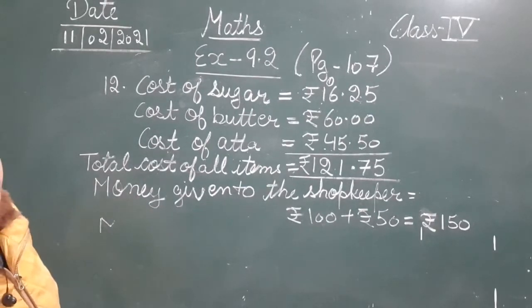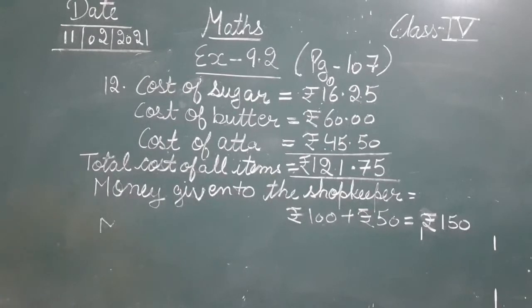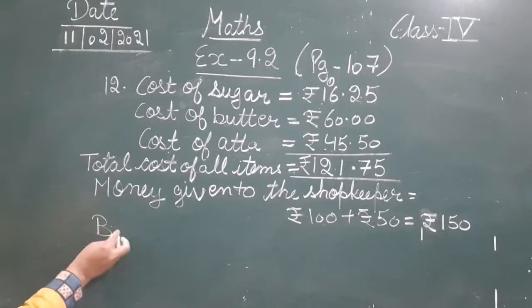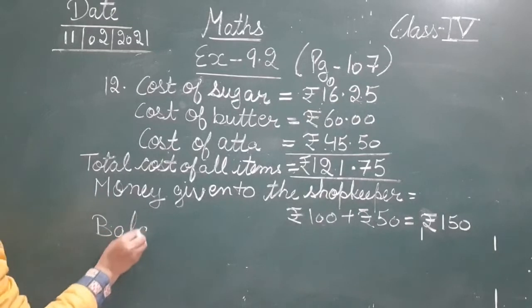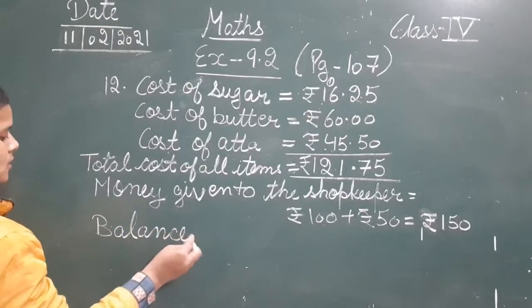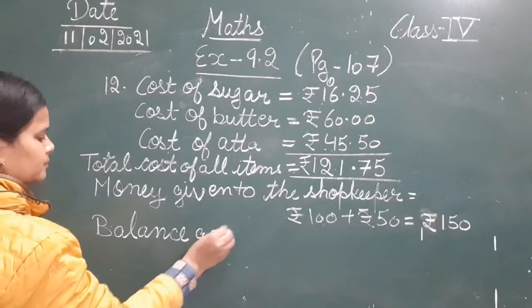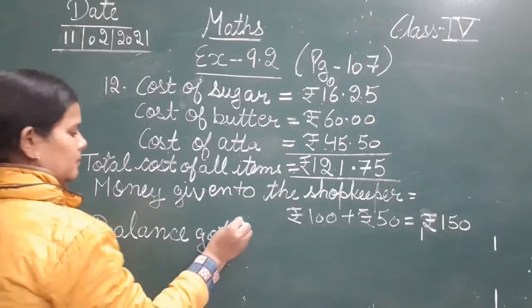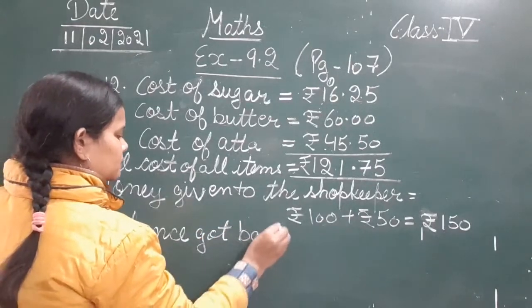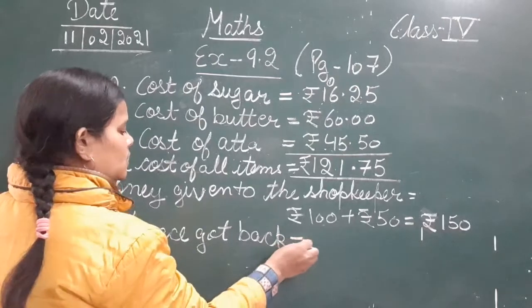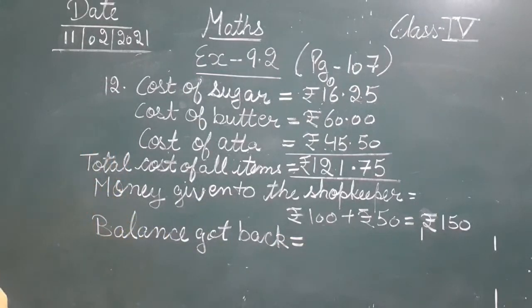In the question it is written, what balance did he get. So let's write the balance he got back. Okay, so let's calculate the balance he got back.